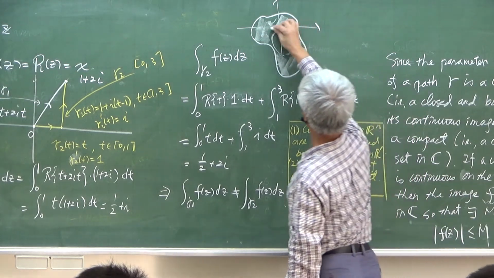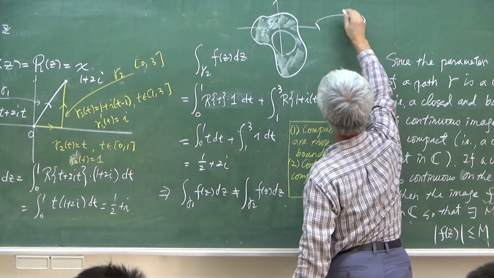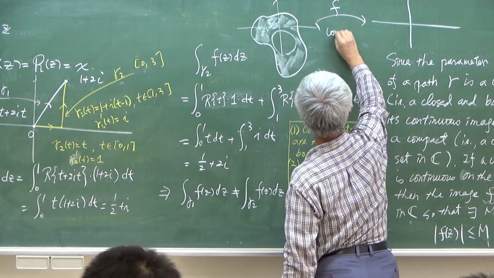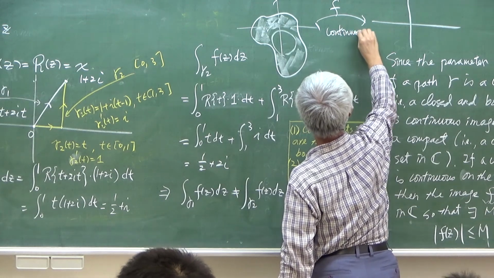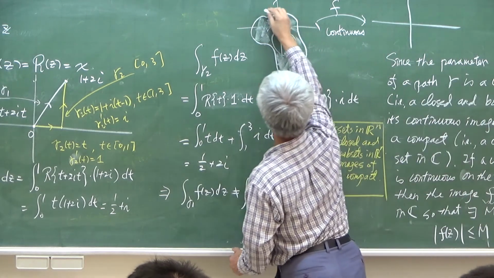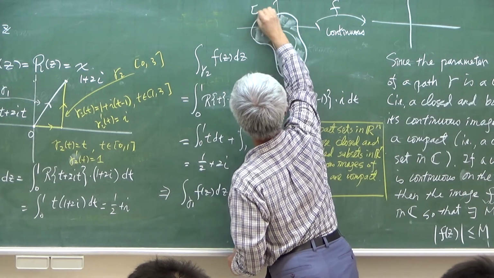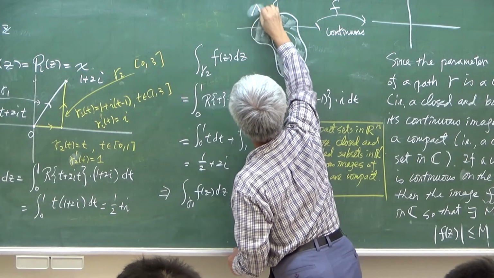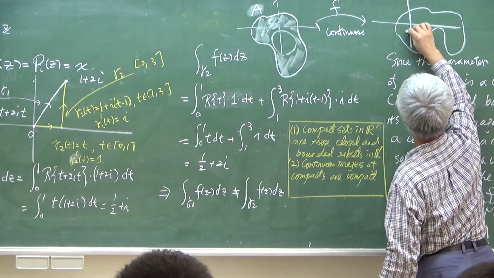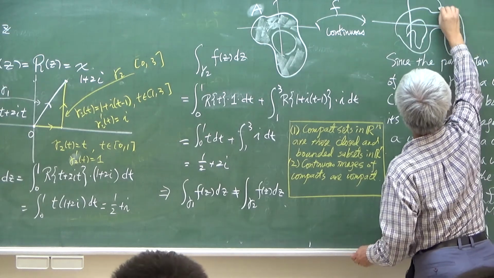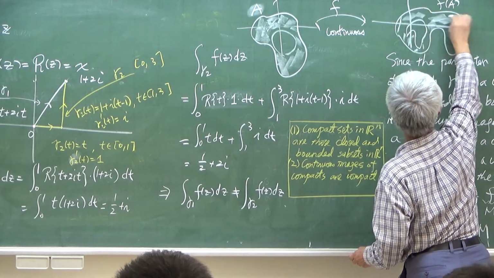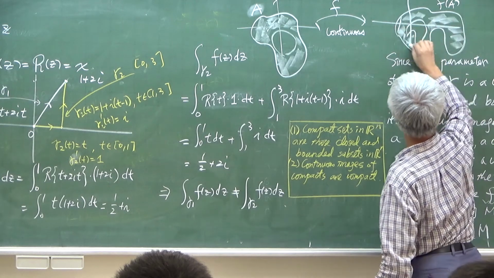And you have a mapping f here. f is continuous. Then, so this is say E, usually we say A. Then f(A) is also compact. So it must be bounded and closed.